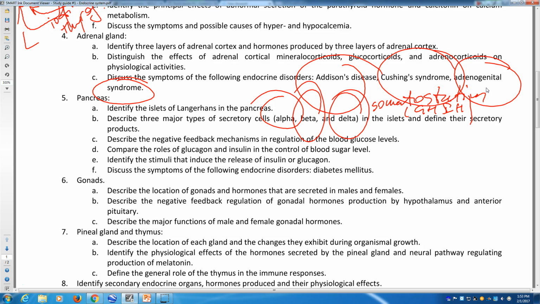High glucose, insulin, normal glucose. Low glucose, glucagon, normal glucose. Well, you would be too optimistic if you think that's it, because I really want you to know how high glucose becomes normal. So what does insulin do?